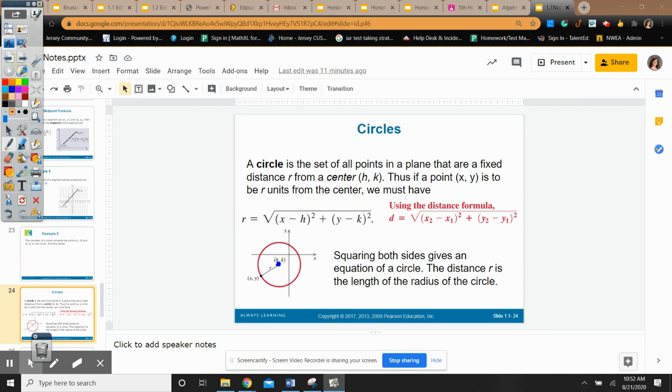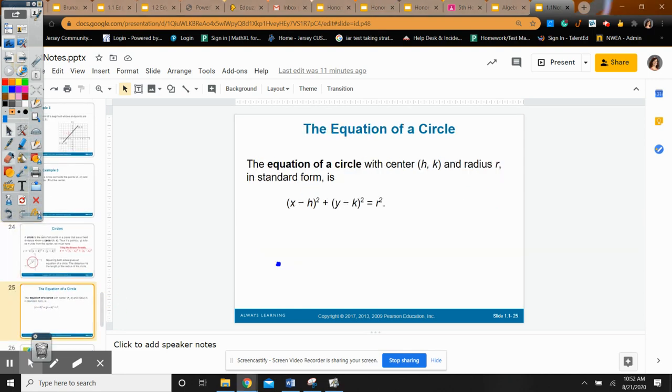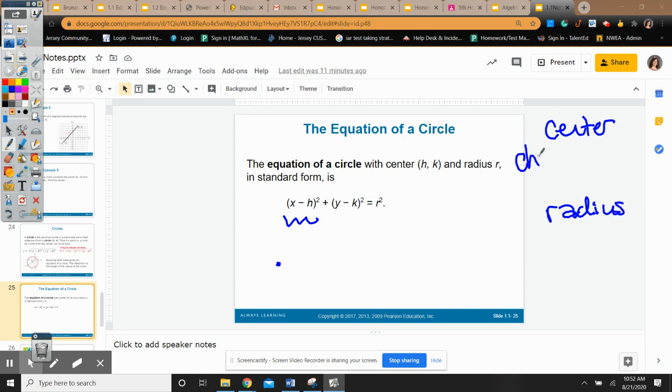So what the formula is, and how kids remember it, is you find your center and you find your radius. You're going to change the sign of the x, and you're going to change the sign of the y.